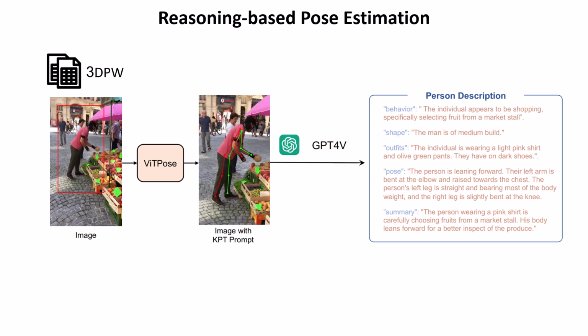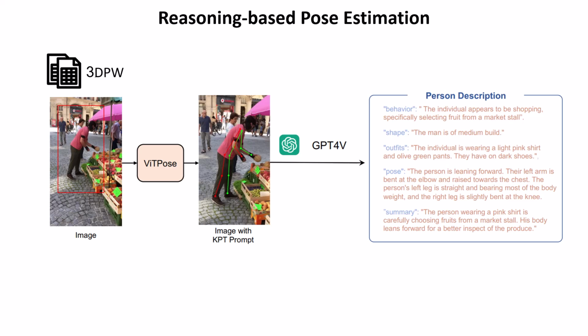A question you might ask is why we need ViTPose for 2D pose estimation. The answer is that when you usually use GPT-4 to describe what's happening for a specific person in an image, it usually mixes up the left and right parts of the human body for some reason.